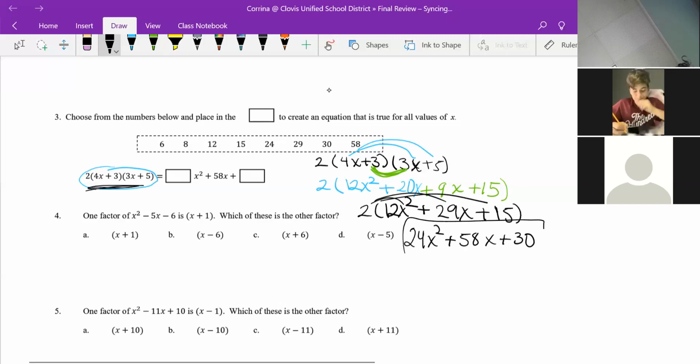Okay. And now we're going to compare that to this. Blank x squared plus 58x, that's our checker right there. So 24 goes here, and what goes in the last blank? 30. There you go. Okay, I get it.